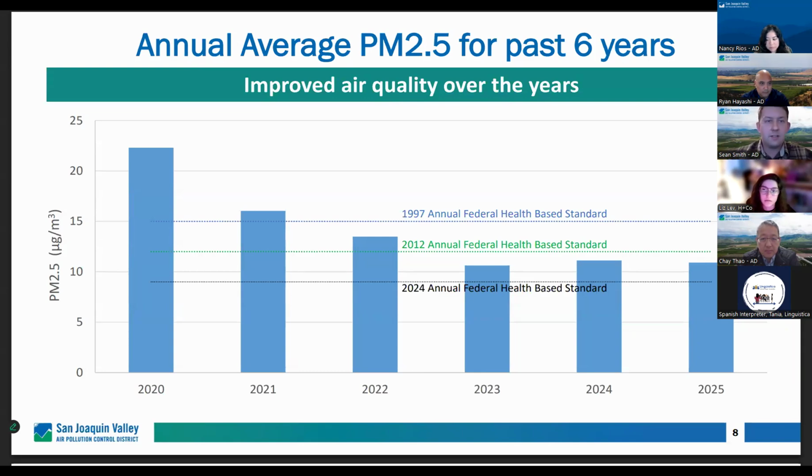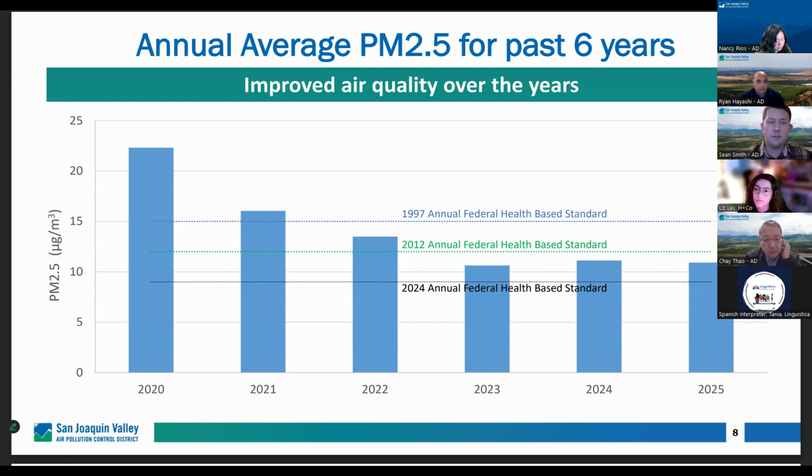So here in this slide, we have the annual average PM 2.5 data for the past 6 years since the community air monitoring was started. And we've noticed that the general trend is that the air quality is getting better, improving over the last 6 years since we've started. It's a bar graph that on the left side, you'll see the concentration of PM 2.5, and then on the x-axis, you'll see the respective year that each bar reflects.